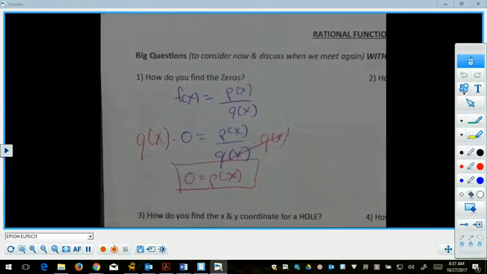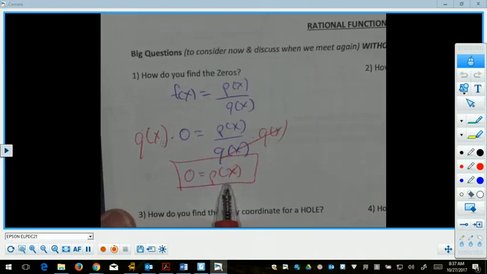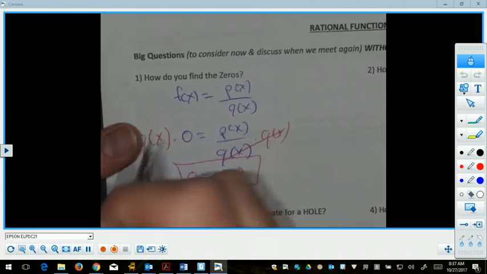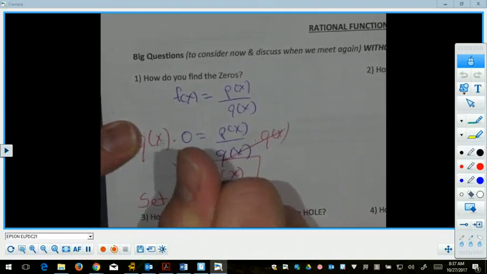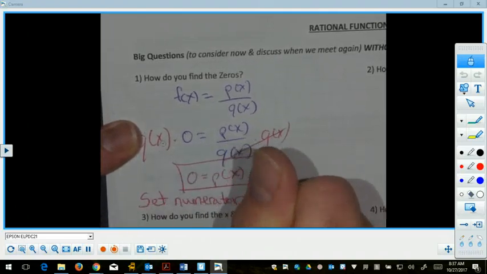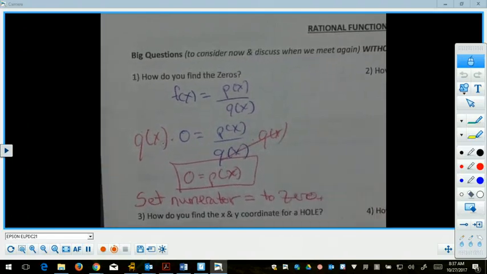So what we're basically going to do to find the zeros is we're going to set the numerator, the expression that's in the numerator, equal to 0. Set numerator equal to 0. And then you'll find your zeros. You'll only have one if it's a linear expression.